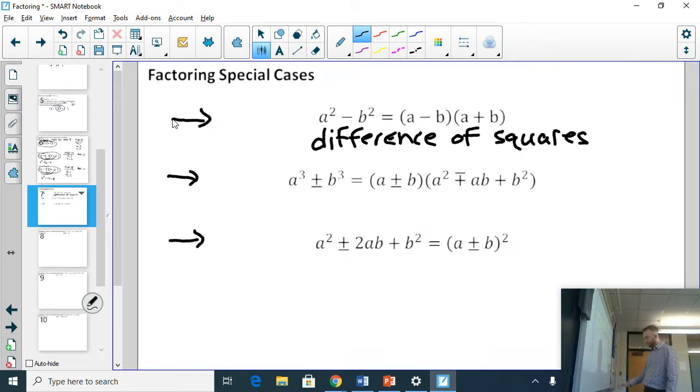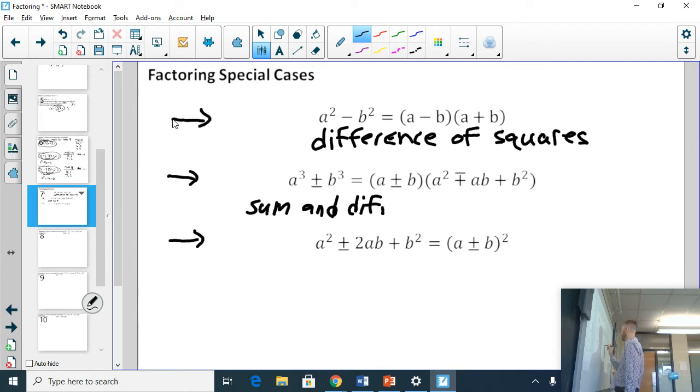And then here we have a cubed plus or minus b cubed equals a plus or minus b, a squared minus or plus ab plus b squared. And this is called the sum and difference of cubes.